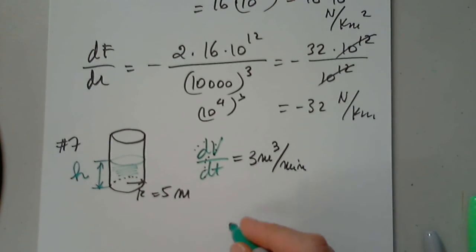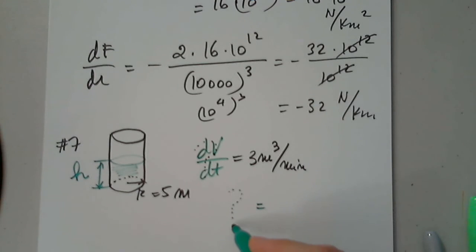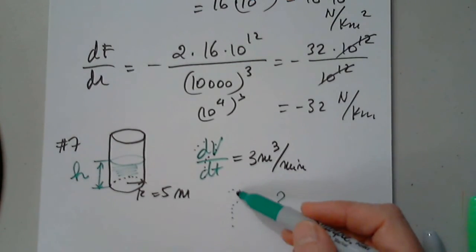So what are we asked to determine? How fast? The time? But time will pass no matter what, right? How fast is the height of the water increasing? The length? So what do I have to write here?